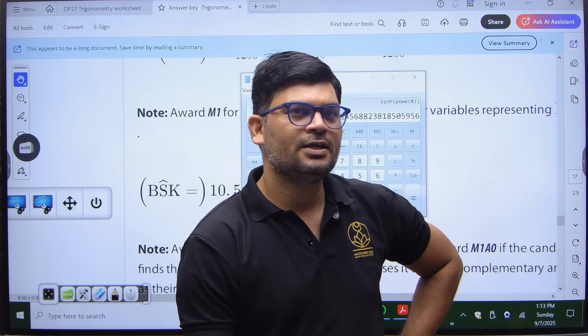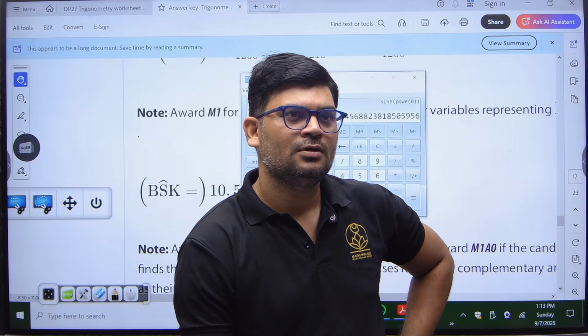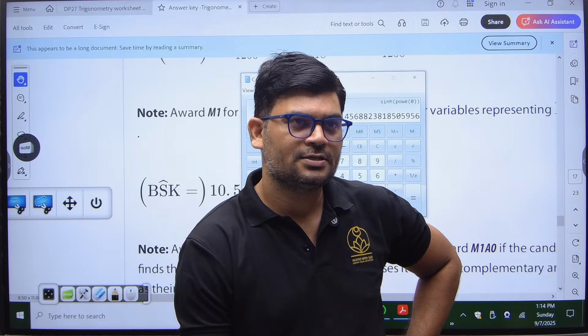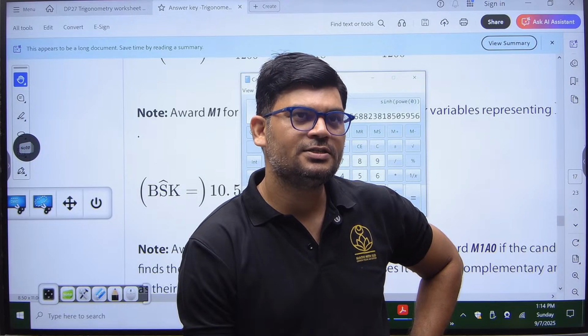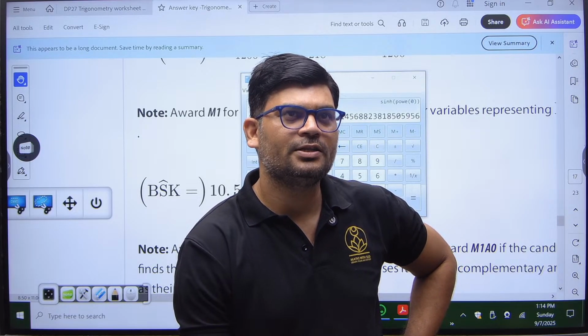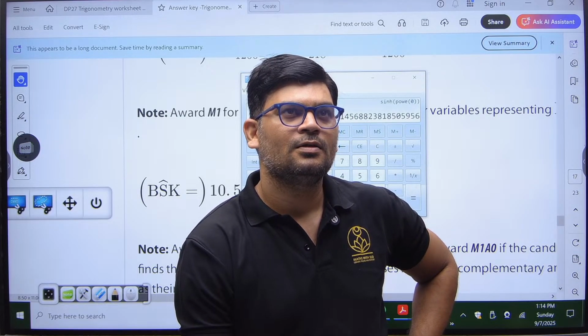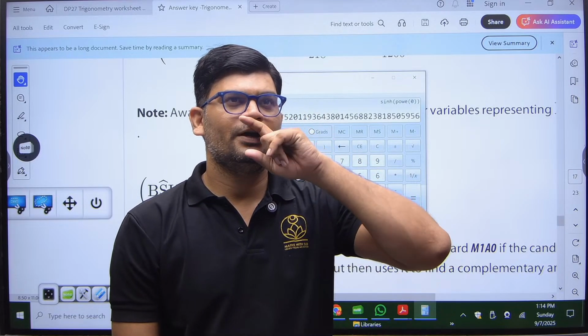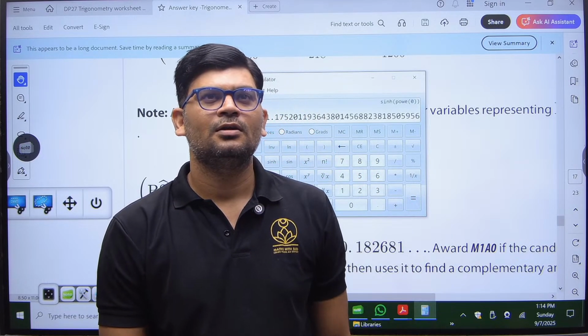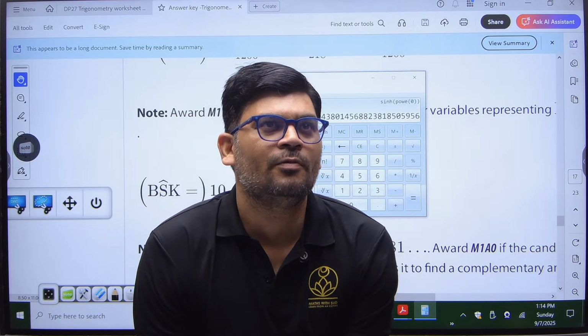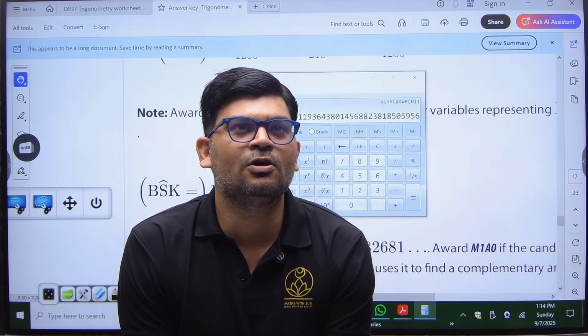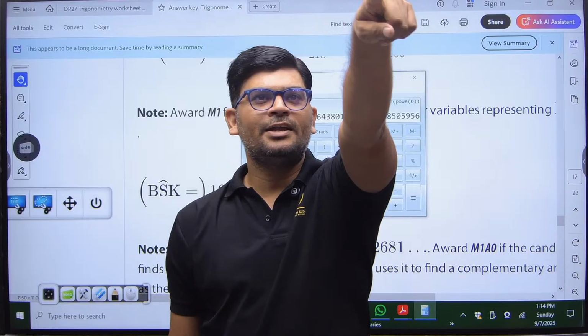But your calculator must have it. Go to the search button again at the bottom. Just type calculator in the search box. So you have one app, calculator. How many calculators are there? Standard. Click on scientific.